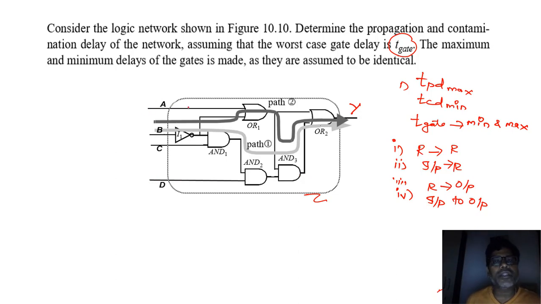Possibly to name it, this is path number 1, this is path number 2, this is path number 3, this is path number 4, this is path number 5. Like this you can have, based upon the starting point of a signal and ending point of a signal. Fine. So you can have around 5 paths or even more in this particular given circuit.